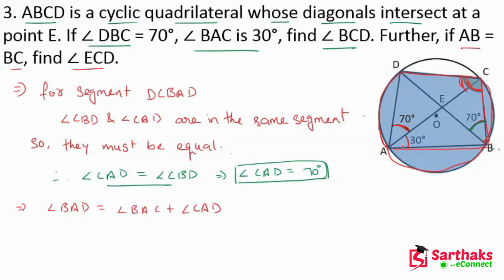We know that angle BAC is 30 degree and angle CAD is 70 degree. So this is 30 plus 70, so we get angle BAD is 100 degree.